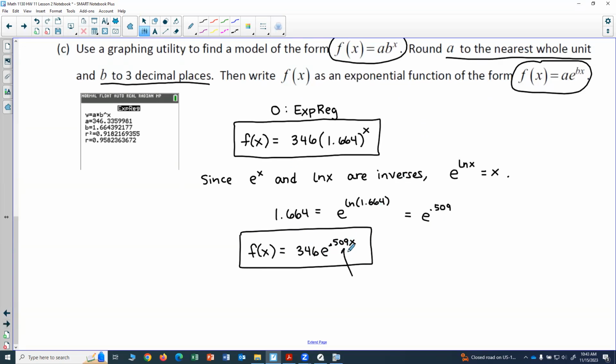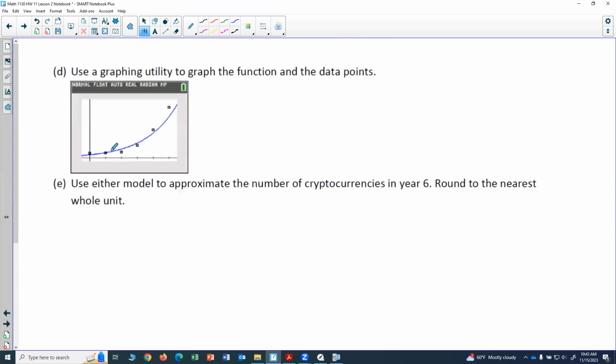So this value right here will be the natural log of the original b. All right, so I've got my exponential function in the a times b to the x form, and in my a times e to the bx form. And now I'm going to answer some questions.